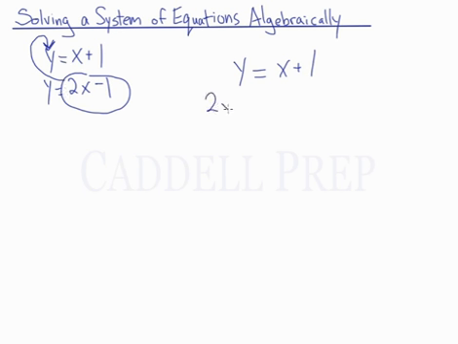So we have 2x minus 1 equals x plus 1. So we take from one equation the value of y in terms of x and substitute it into the y in the other equation. So we get an equation with just x's. This method is called substitution.